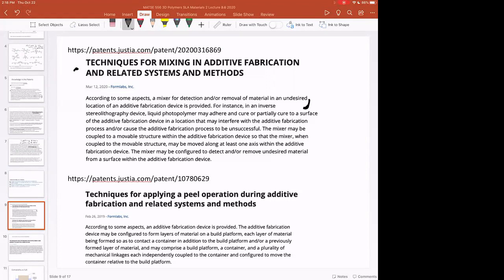And so they talk about a movable structure, moving along one axis to remove undesired material from a surface. So this is basically a wiper. And so sometimes things that are simple get pretty esoteric. And so that doesn't look like any sort of symbol right here.